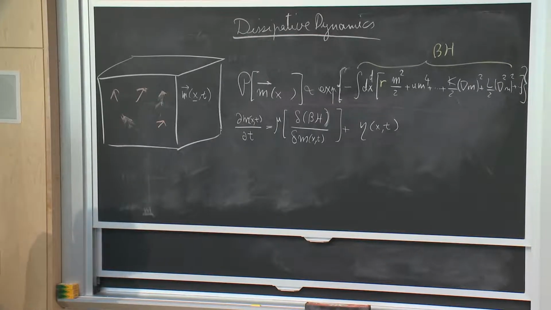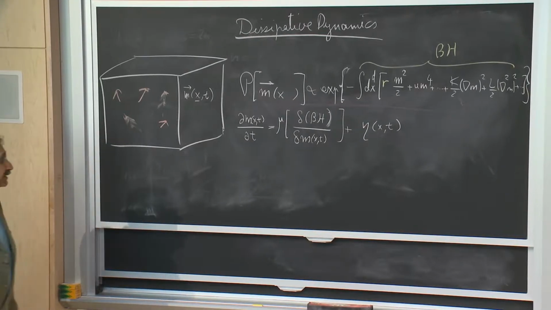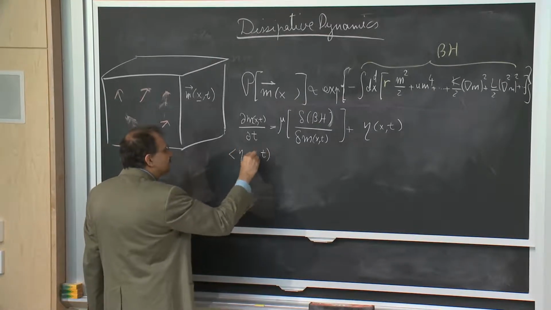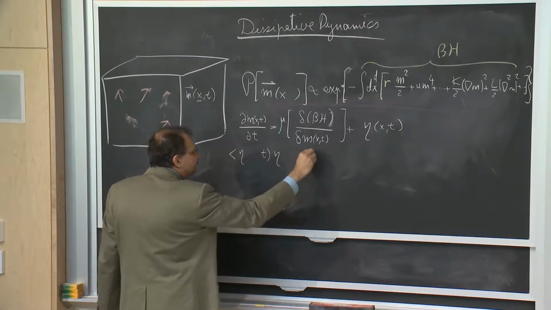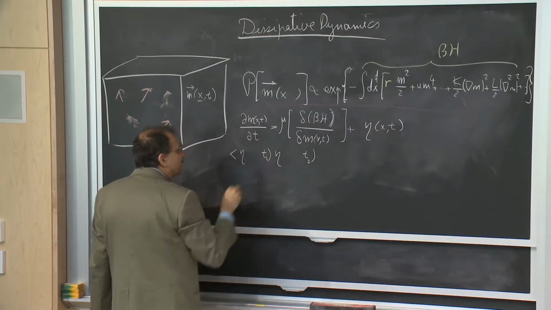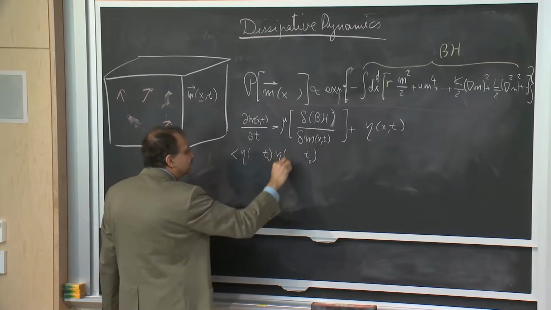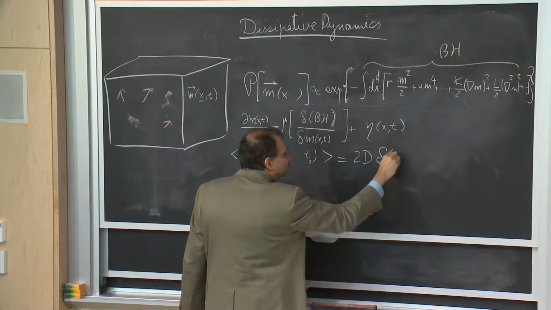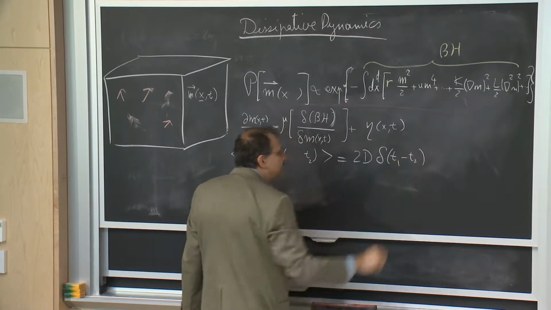Now, for the case of the Brownian particle, the assumption was that if I evaluate eta at some time t1 and eta at another time t2, this was related to 2D delta function t1 minus t2.